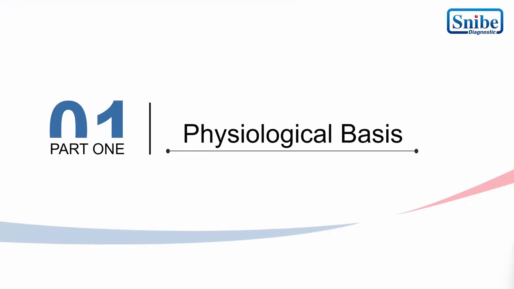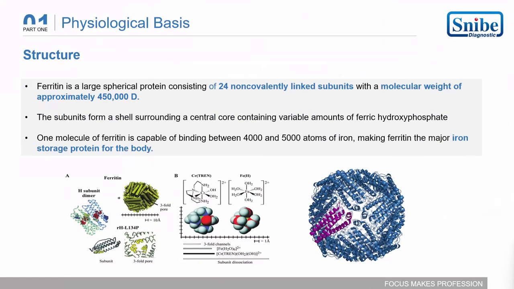If we talk about the physiological basis, let's talk about the ferritin. You can see here the ferritin is basically a spherical protein which contains 24 non-covalently linked subunits, with a molecular weight of approximately 50,000 daltons.